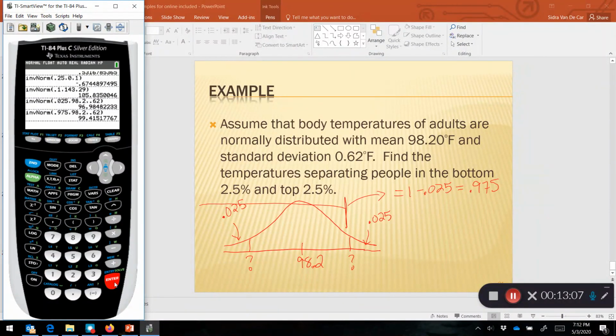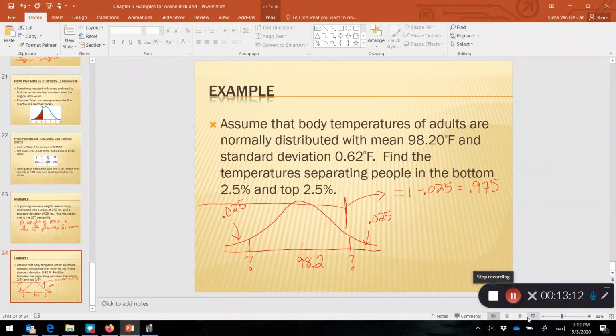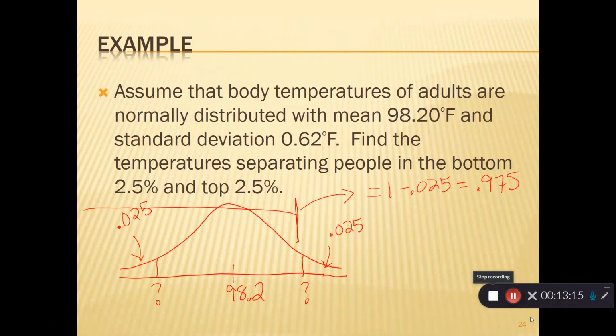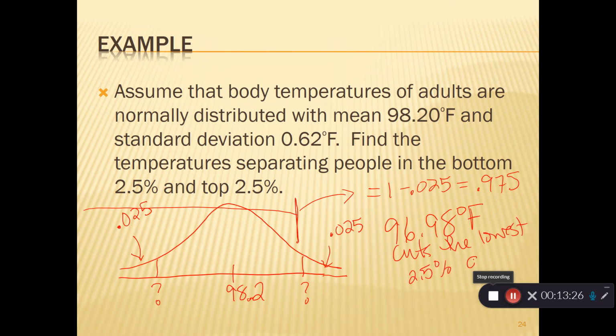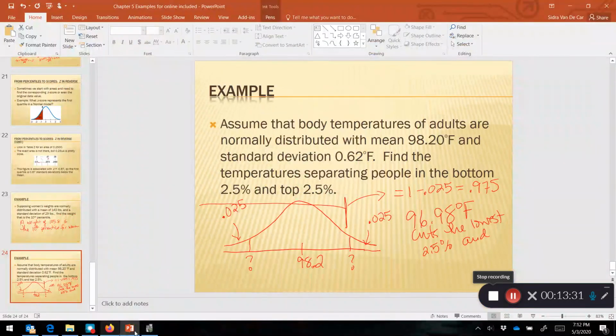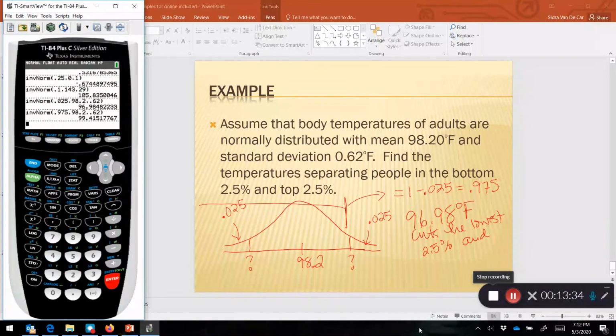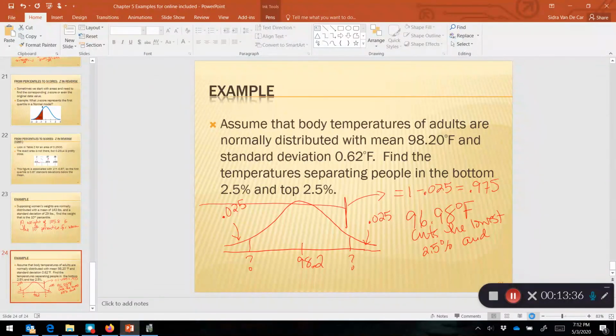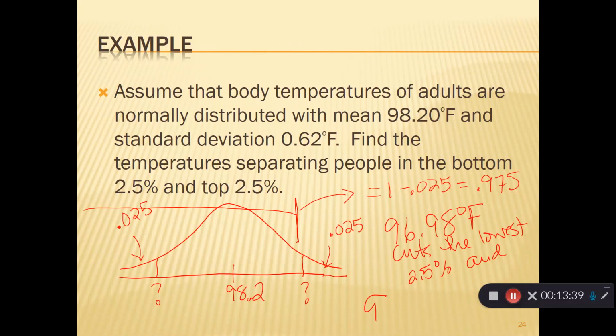So 96.98 degrees Fahrenheit cuts the lowest 2.5%. And I forgot what my other score was. Let's see, 99.4. And 99.4 degrees Fahrenheit is the cut for the upper 2.5%.